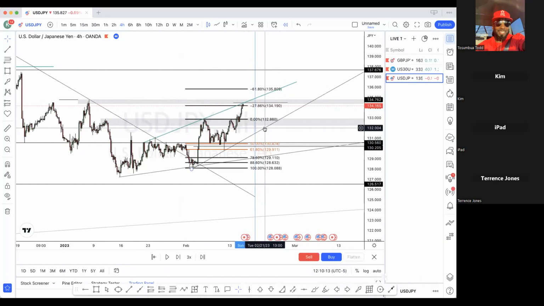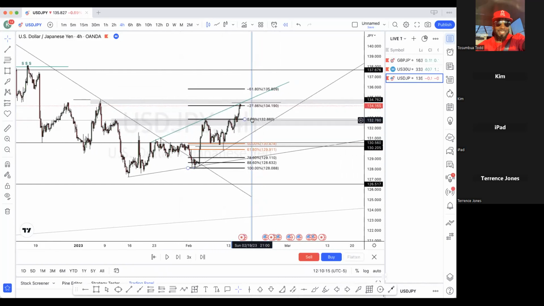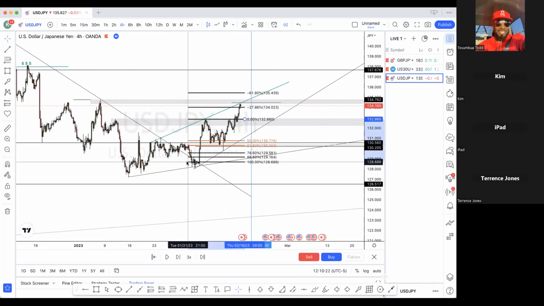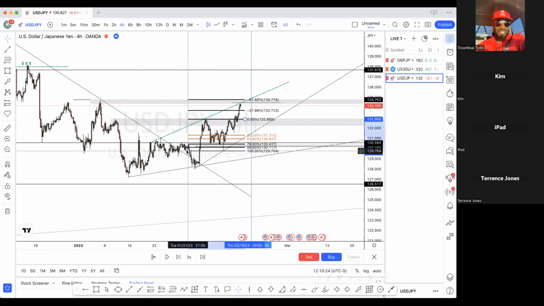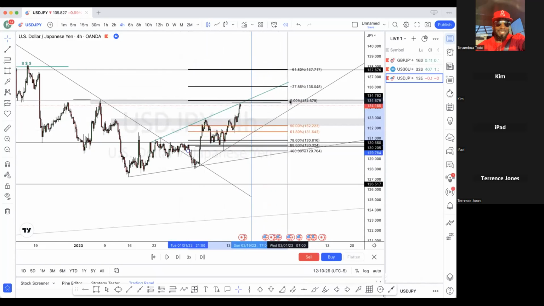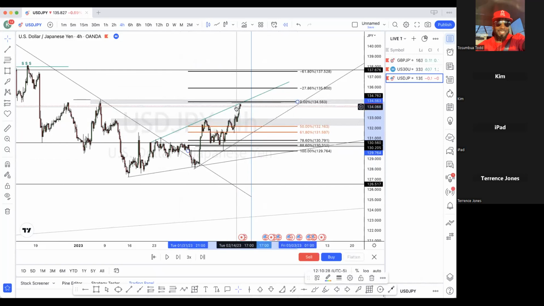Yes. So now once price pulls back, my new area is from here to here, wherever price starts pulling back. That's where you'll mark up.